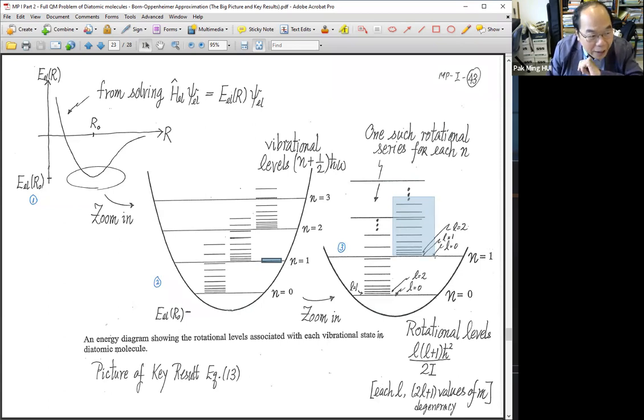So this family are the rotational energy associated with the first vibrational excited state. Do you understand? Understand? Okay. Now, let me tell you one more time what does it mean.